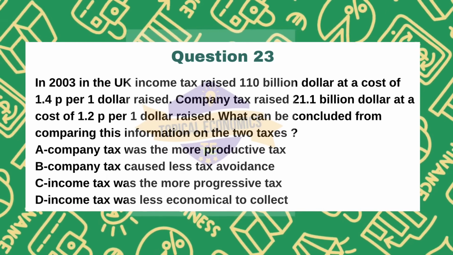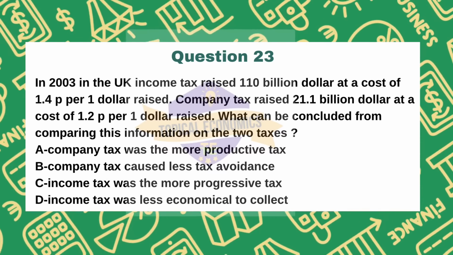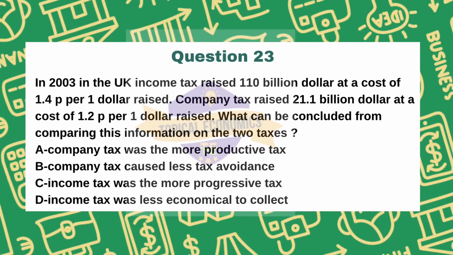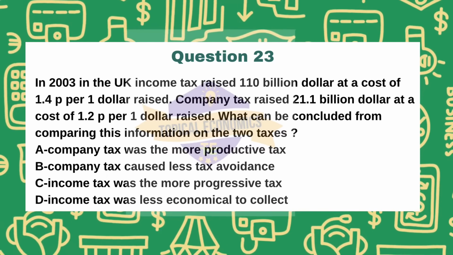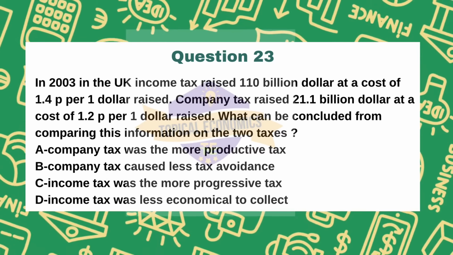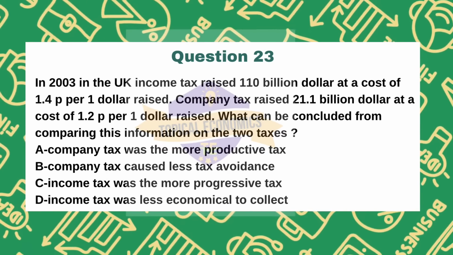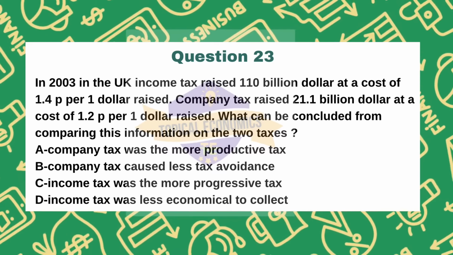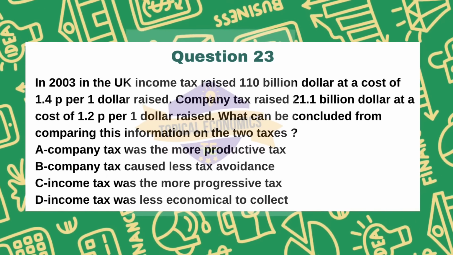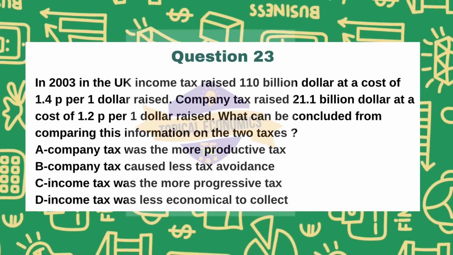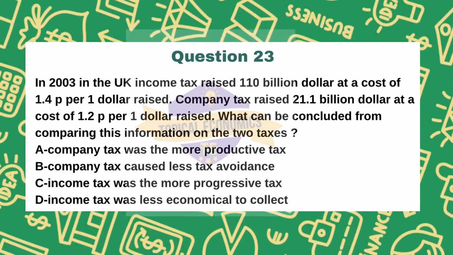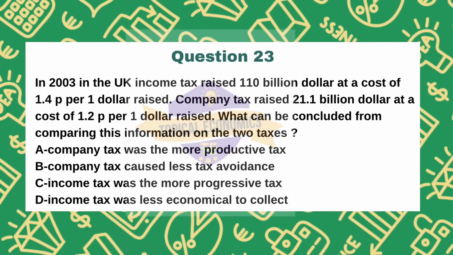So we see that for every dollar raised, income tax costs $0.014 to collect, while company tax costs $0.012. This means that it is less economical to collect income tax compared to company tax, as it costs more per dollar raised.